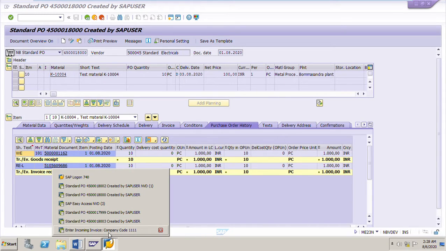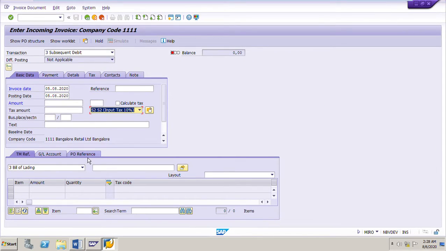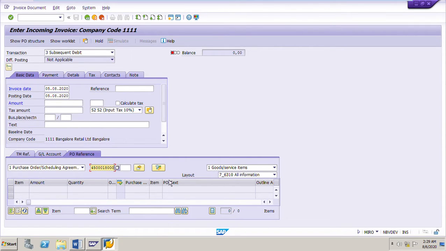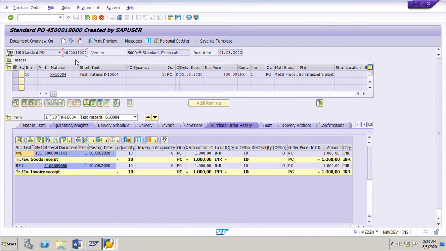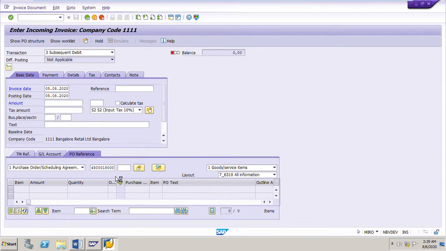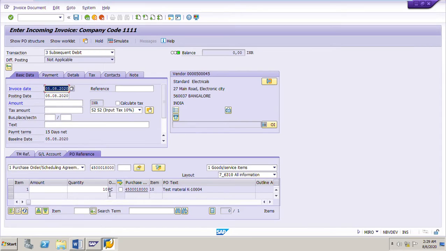For example, I will go to PO. I have copied that PO here. This is the PO, 4500018000. If I try to post an invoice for this PO, see what happens. See, it will suggest only the total quantity but not the amount.